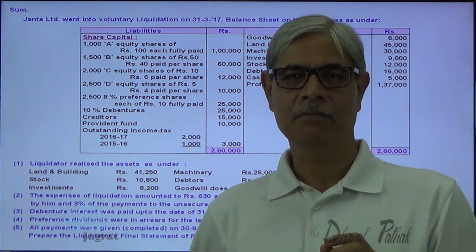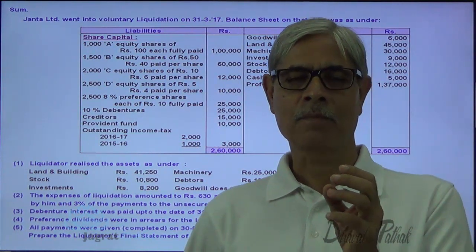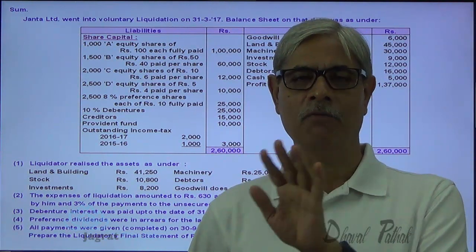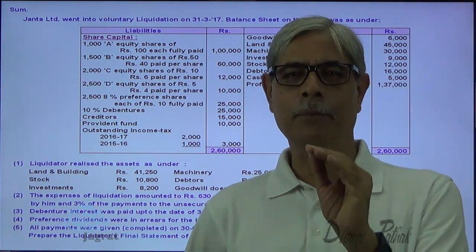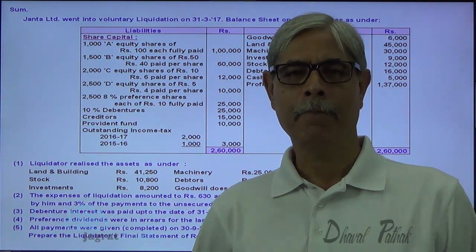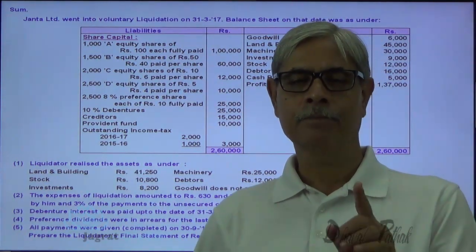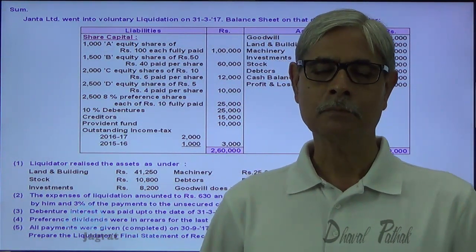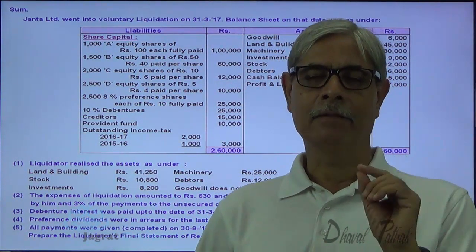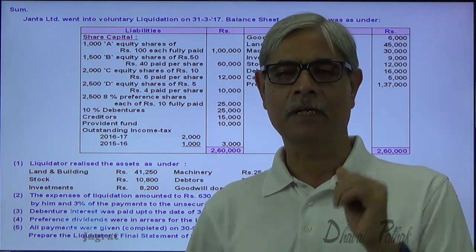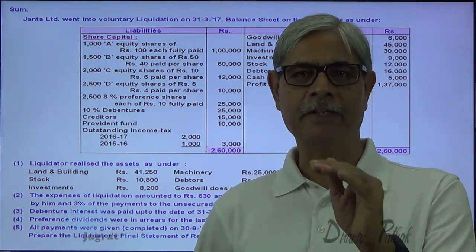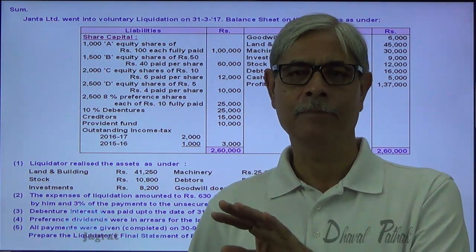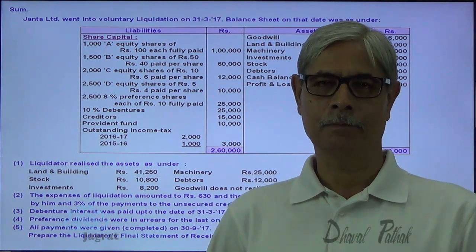Now liquidation. Let me say you a theoretical aspect in brief. Liquidation or winding up is a legal procedure by which the existence of a company is being brought to an end. To bring an end of the existence of a company, liquidator is appointed to administer the affairs of the company in course of liquidation.